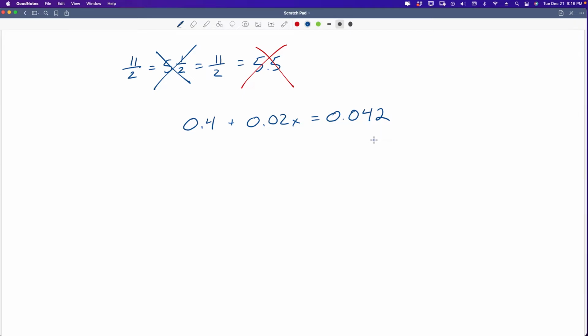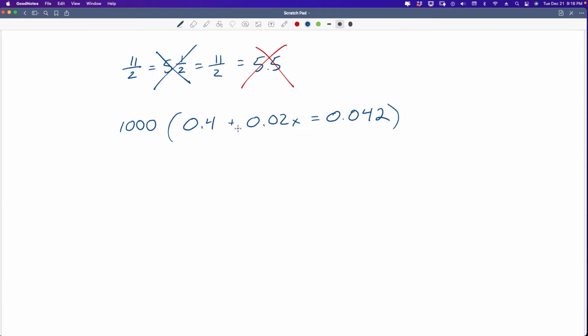And the way we would get rid of this decimal is by multiplying everything by 1, 2, 3 decimal places, or 1,000. So we would multiply all of this by the largest number of decimal places would be the number of zeros that you have. And that would be moving the decimal place back 3.